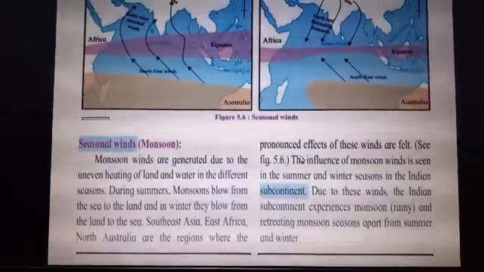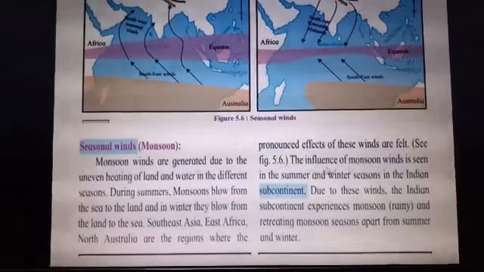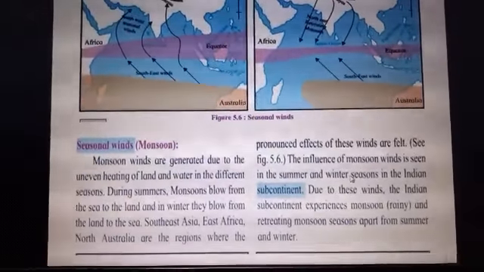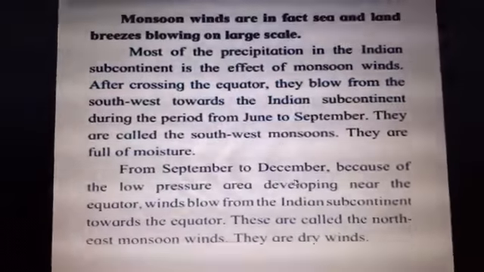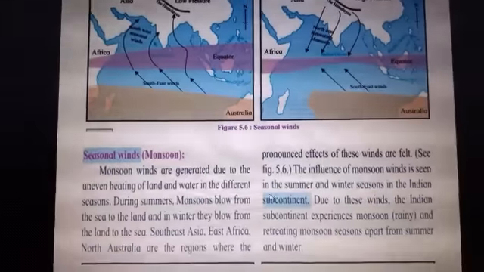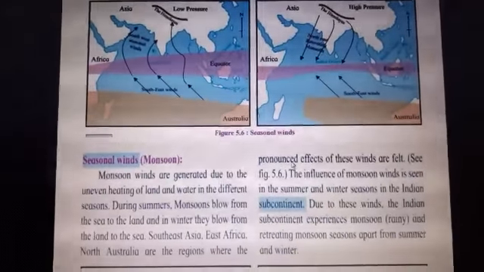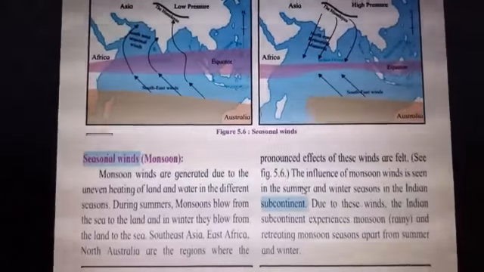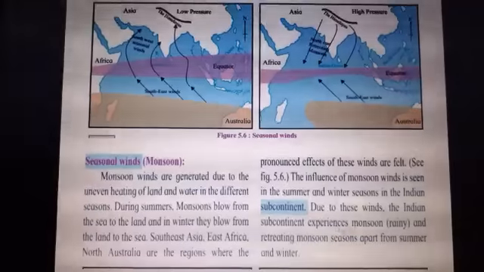See figure 5.6. The influence of monsoon winds is seen in the summer and the winter seasons in the Indian subcontinent. So when are we observing the effect? That is during the summer season and the winter seasons in our Indian continent. Due to these winds, the Indian subcontinent experiences monsoon season.